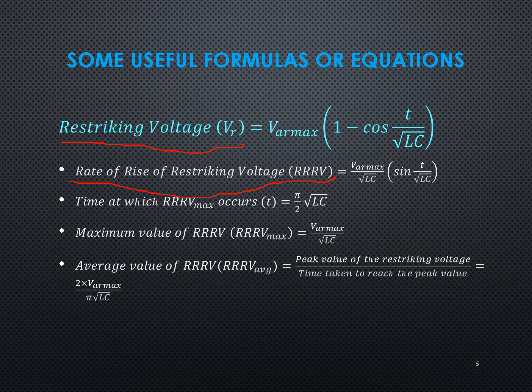This is the ratio of the peak value of restriking voltage to the time taken to reach the peak value, and expression-wise it is represented as 2 into VAR max by pi root LC.